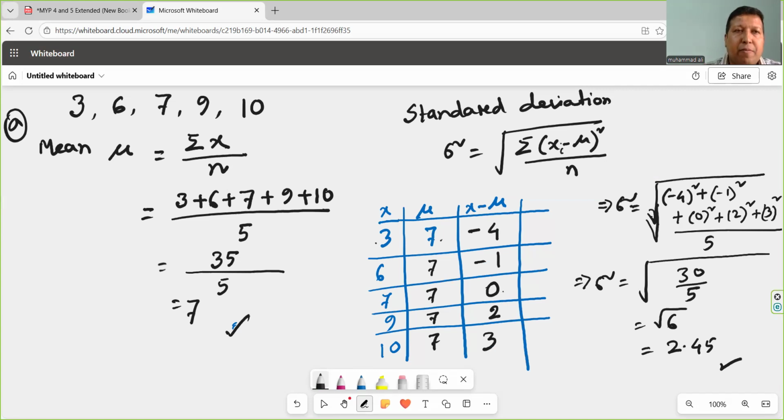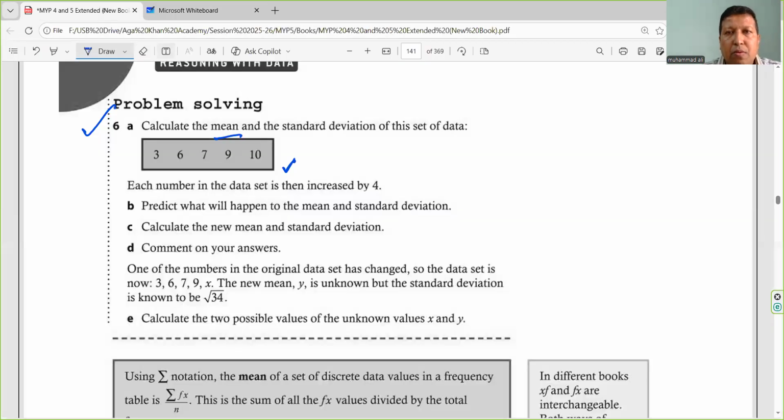Now see the second part. Each number in the data set is then increased by 4. Predict what will happen to the mean and standard deviation.